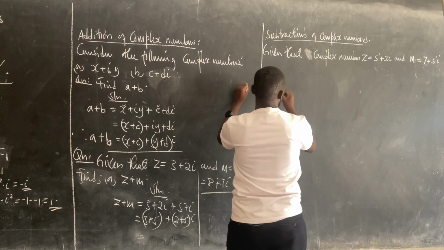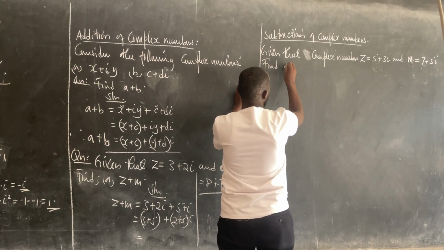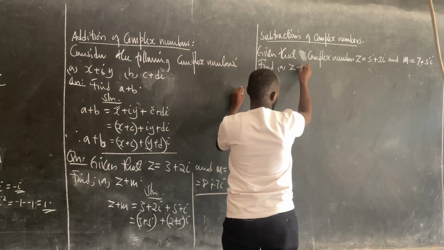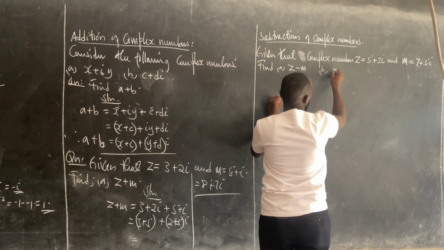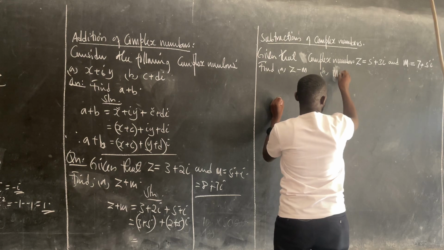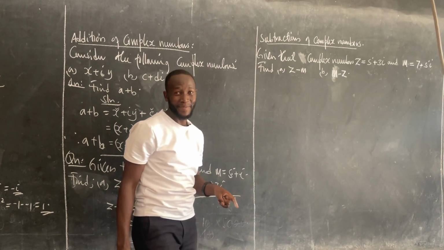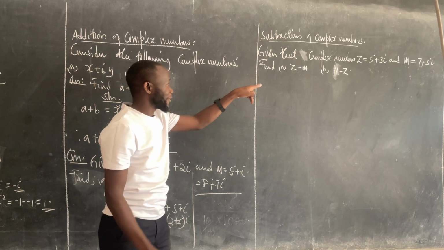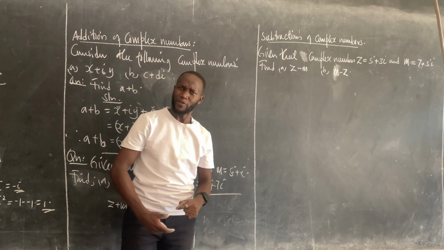Find part A, z minus m, and part B, m minus z. If you have those two questions, okay, allow me to do one of the two. I'm doing the simpler one because I want you to do the harder one as well.